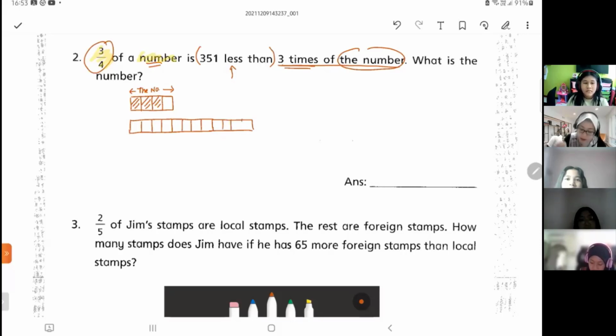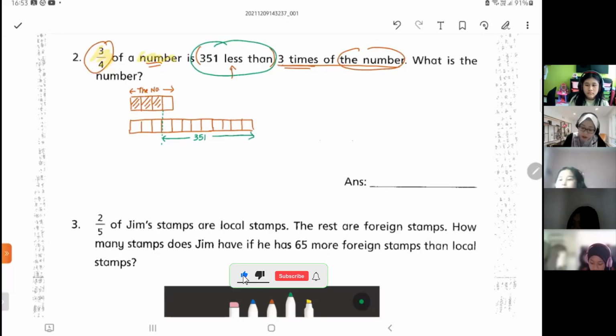So this is 3 times of the number. Now, 351 less than means there is a difference. If you take away the 3 parts that you shaded, it's over here. This is the whole thing, from here all the way here. This is the comparison or the difference.